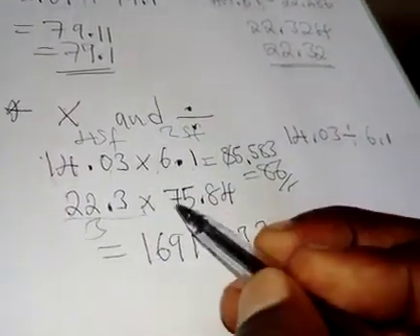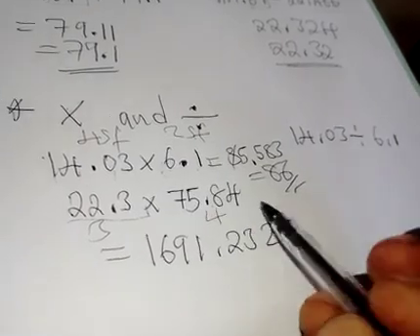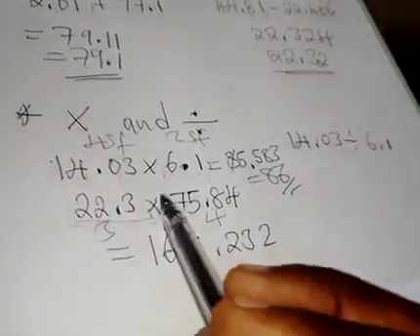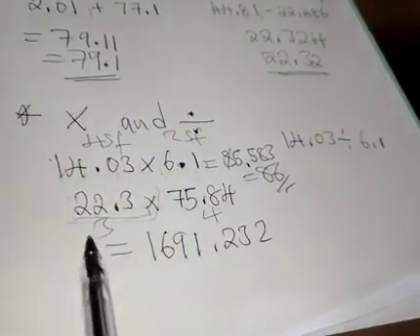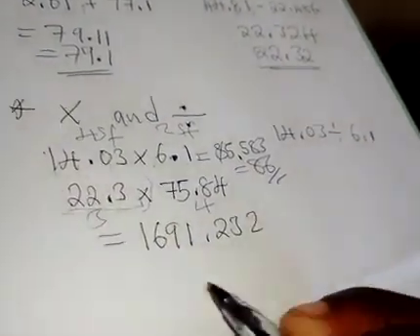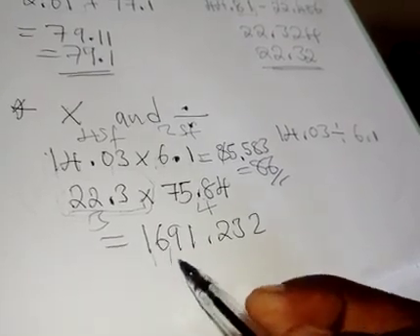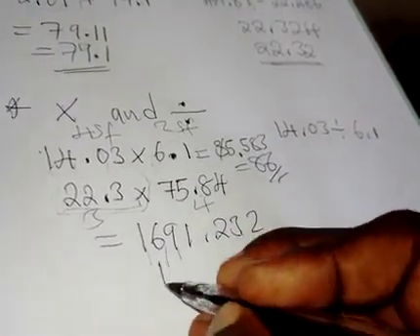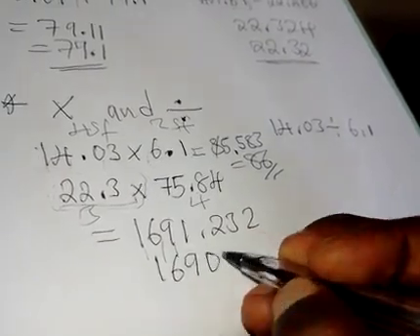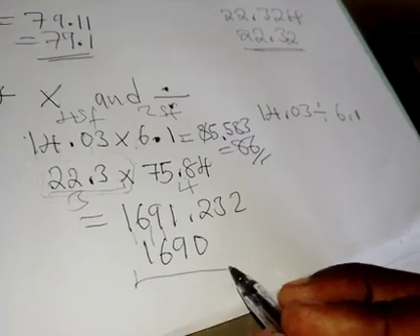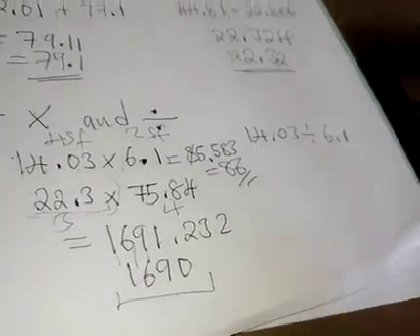It's 3, right? Then 1, 2, 3, that's 4 significant figures. So the answer should be reported to the least significant figures from what we are multiplying, that's 3 significant figures. So it's 1690. Okay, this is 3 significant figures. That one becomes the answer.